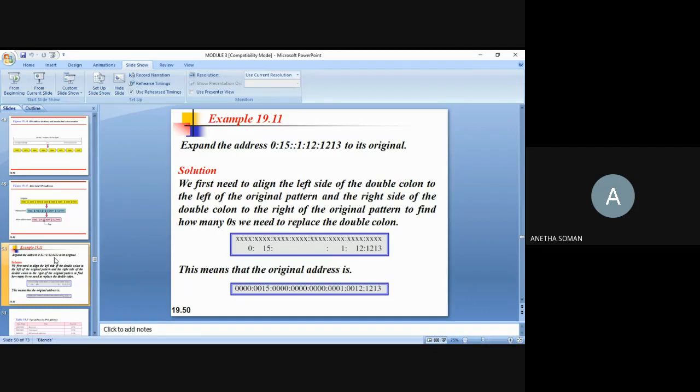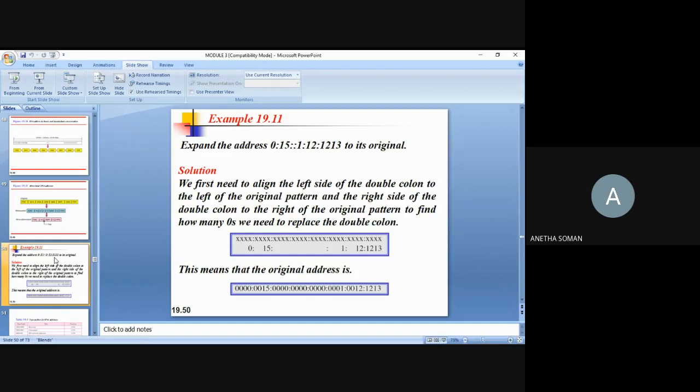That many zeros you put in that space. So the original address will be 00000015, then how many zeros do you put? That is 12 hex digits you have to put, then the remaining values will come. Understood how to make the address original when some abbreviated address is given?